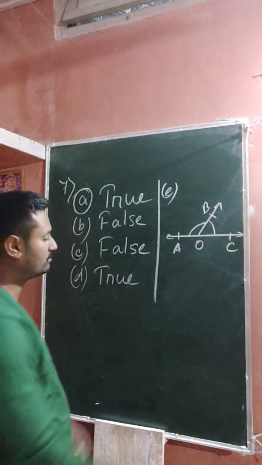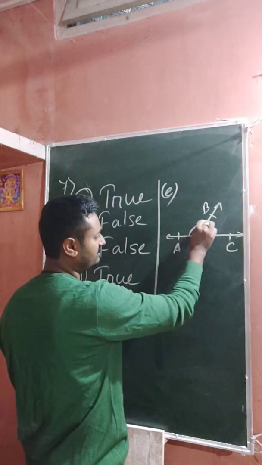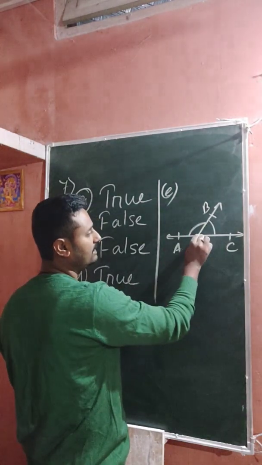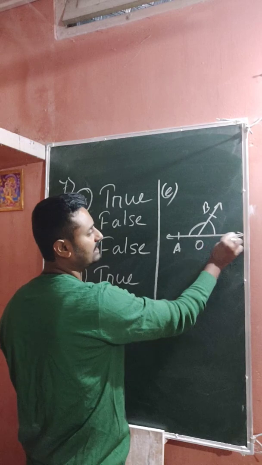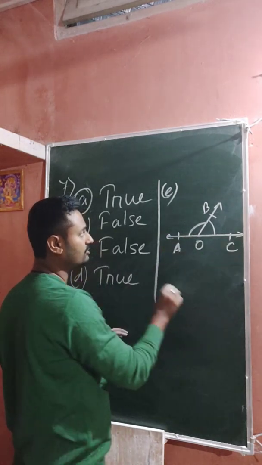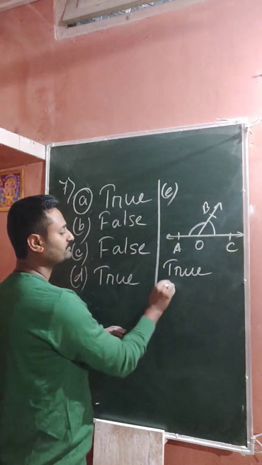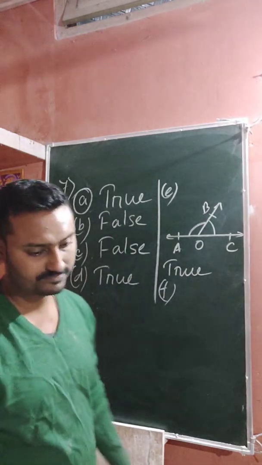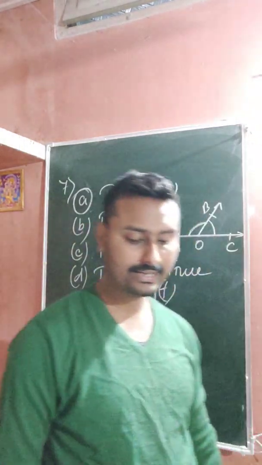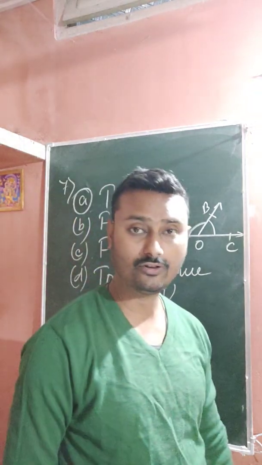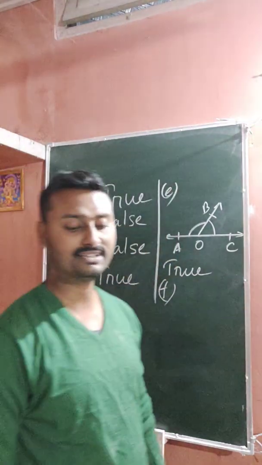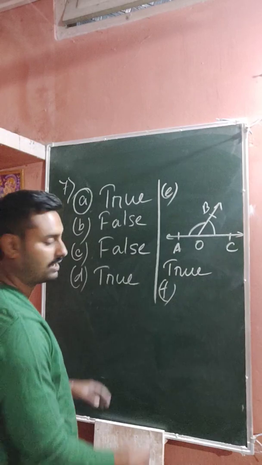For one angle, OA is the outer arm, and for angle BOC, OC is the outer arm. Both lie in a straight line, so it is true. Question F: two angles of 130 degrees and 50 degrees are complementary. It is false because 130 degrees and 50 degrees are supplementary.